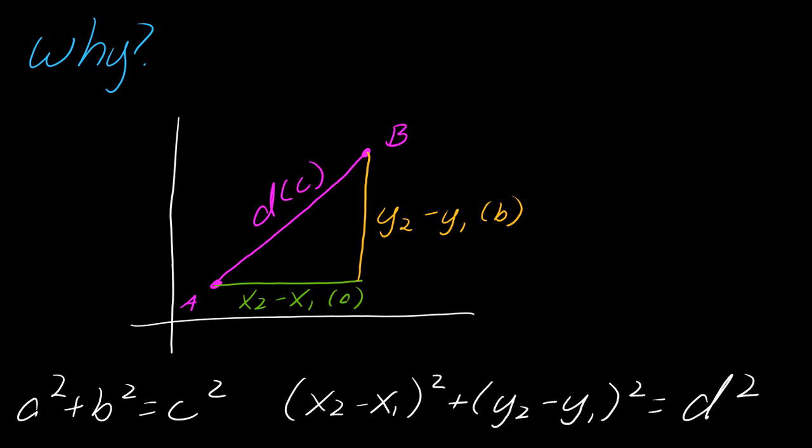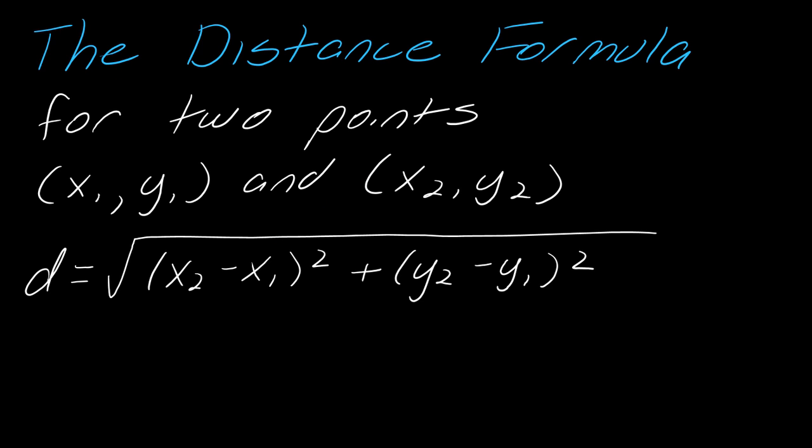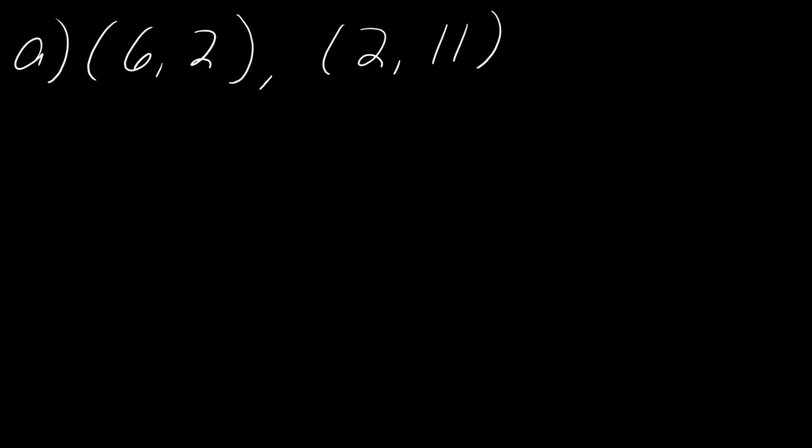This is what brings us to the distance formula, because to finish solving for d, I would just take the square root of all of this. So the distance formula is x2 minus x1 squared plus y2 minus y1 squared, and then I take the square root. This is literally just the Pythagorean theorem in disguise. I always like to mention that so you get where this formula comes from. Now let's apply it.